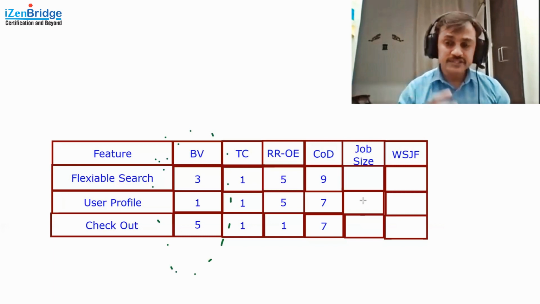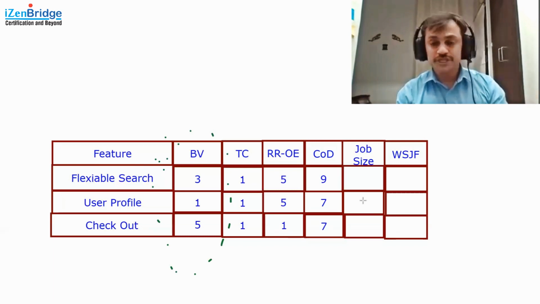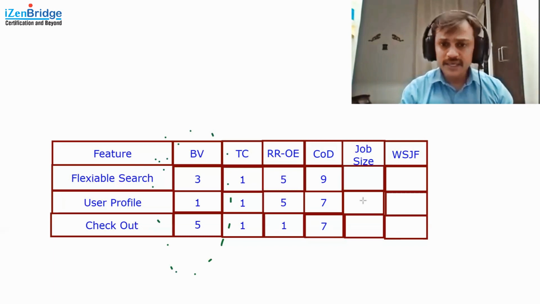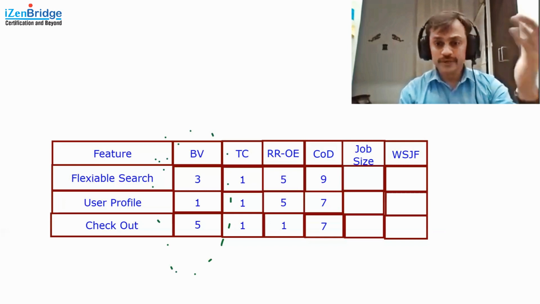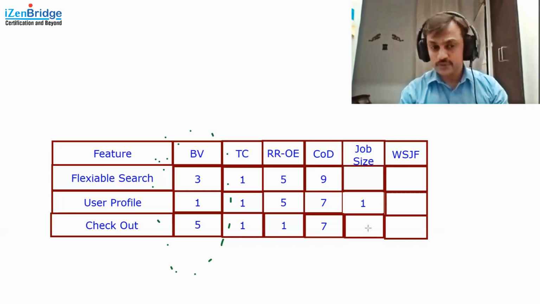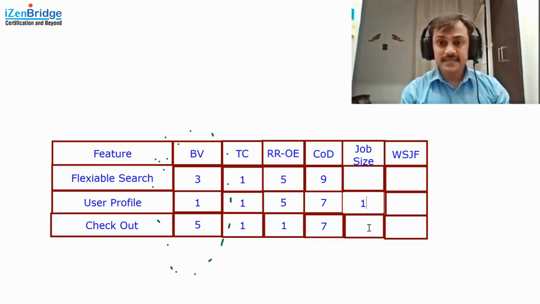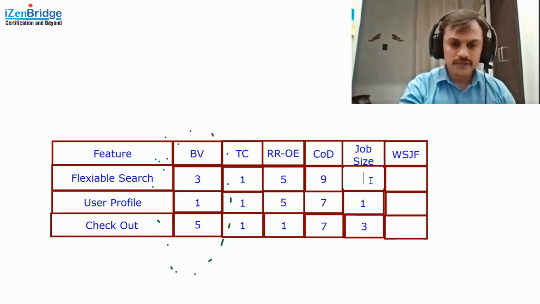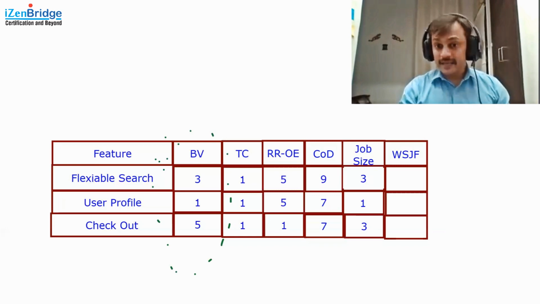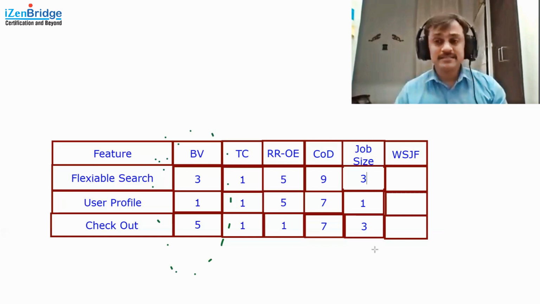They discuss the various possible things which can go into this, and based on that they may come up with, okay, this takes 1, this is the easiest one, and then this one is the second possible one, and this one is more or less in the same space, but we give it a 3. So again, these are estimates based on the people who understand the job size.